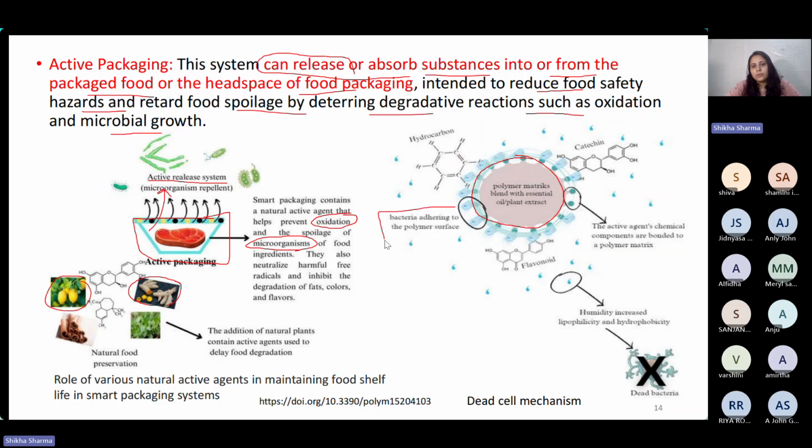So the bacteria which is trying to adhere to the polymer surface from here, the active agents incorporated into the packaging material over this food product will interact and try to kill this bacterial cell and stop the adherence of the bacteria, or kill the bacteria.